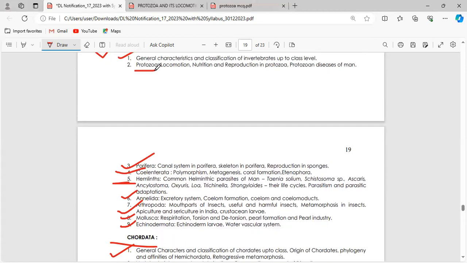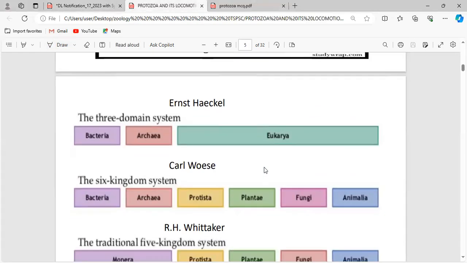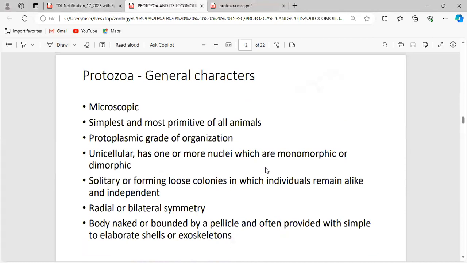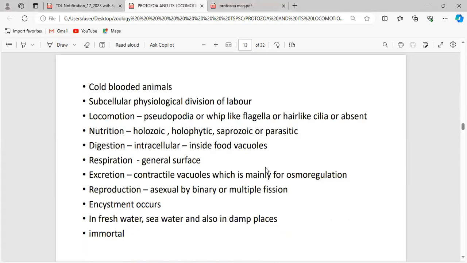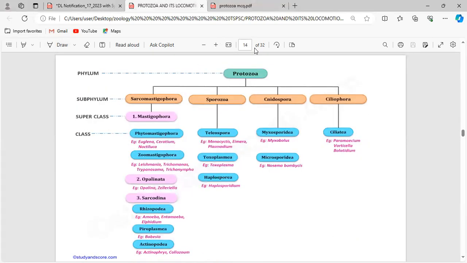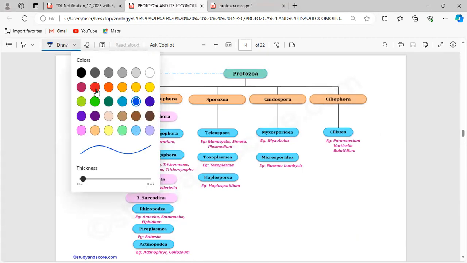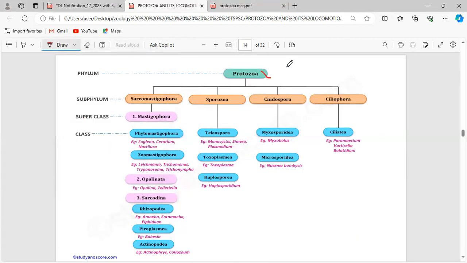Also for Protozoa. Clear? After reading the general characteristics and classification of all the phyla, you have to read up to their class level. For example, take Protozoa. You have to read the general characteristics of Protozoa and classification.